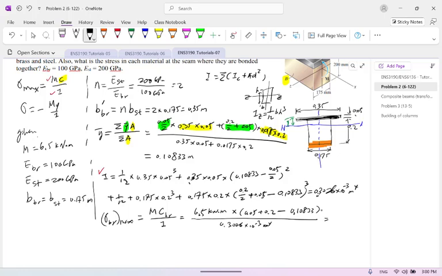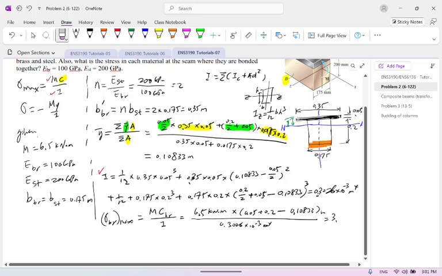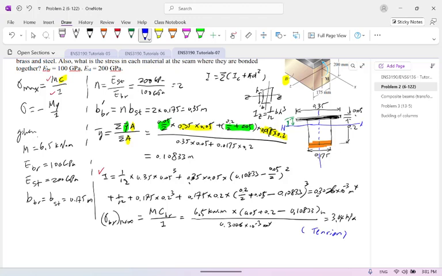So now, of course, we can work out this one is 3.04 megapascal. Remember, this one is in tension because the bottom is in tension. Clear?